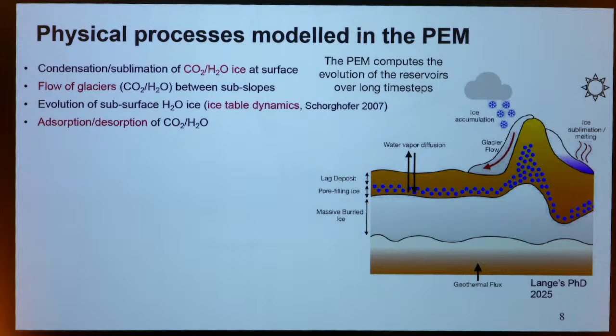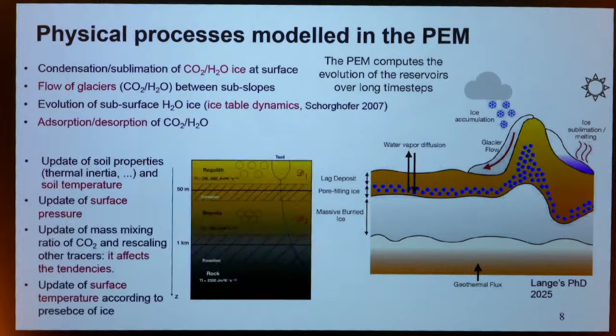We also have the evolution of the subsurface with the ice table dynamics and some schemes for adsorption and desorption. Of course, with all these reservoirs evolving, you also have to update some properties like the surface pressure and the soil temperature.